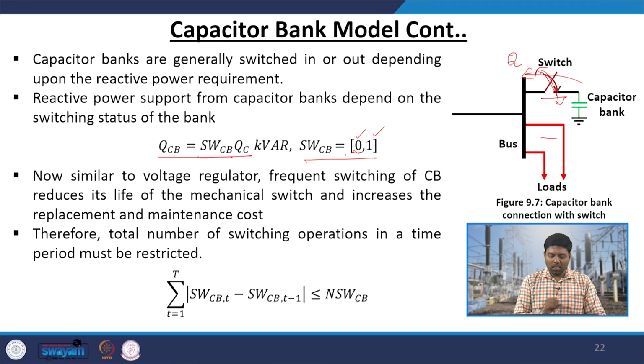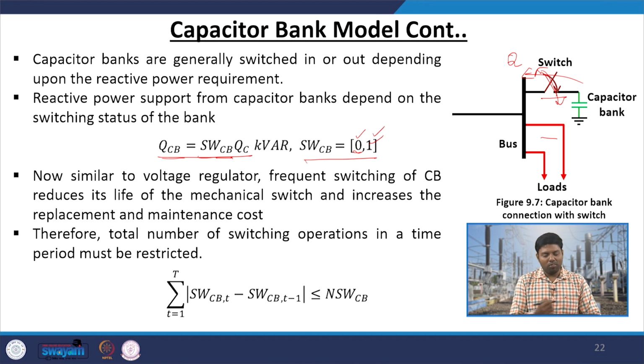If the switching status is 0, then your reactive power support is 0. If it is 1, then you will get the total amount of reactive power support from your capacitor bank.